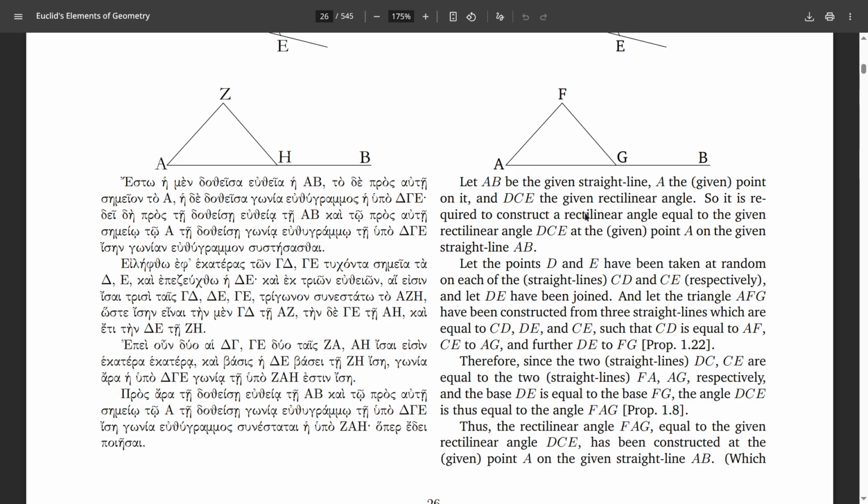You're killing me. Yeah, DCE is equal to the angle FAG. And, yeah, so we're still, okay. So that's, okay. CD, yeah, CD is equal to AF.